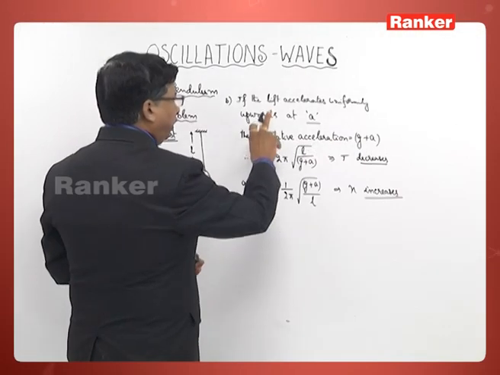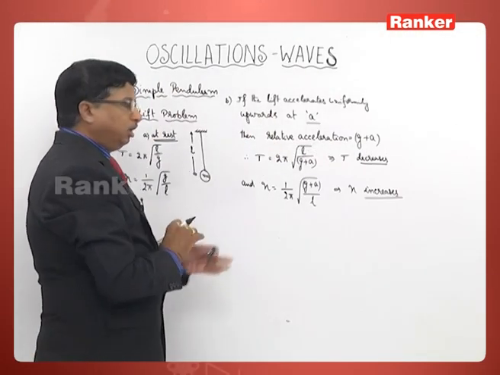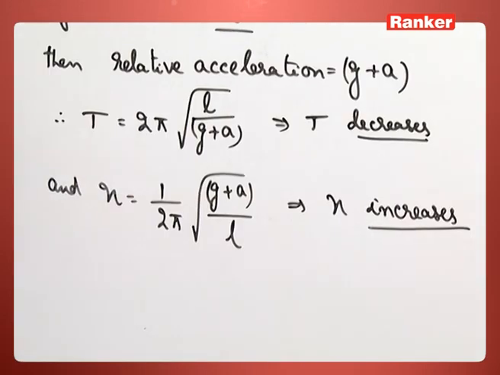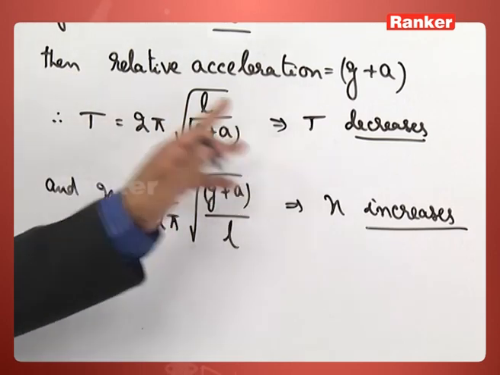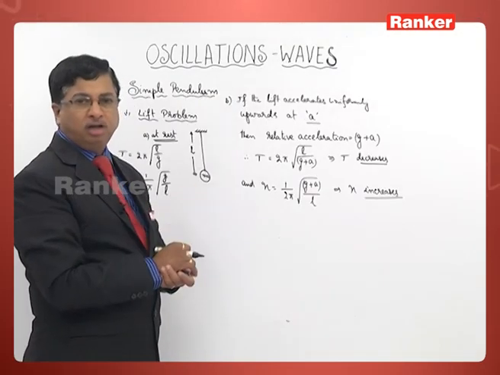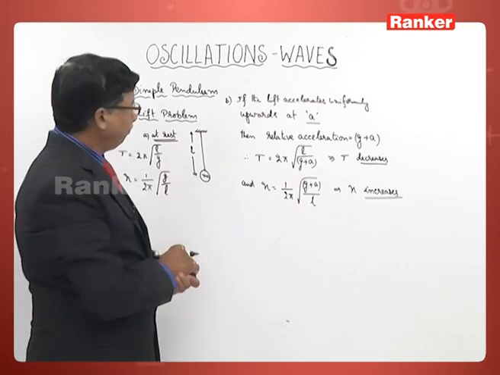So, one should understand, whenever the lift is accelerating vertically upward with uniform value a, then time period decreases and frequency increases. That is one area we have to concentrate on.